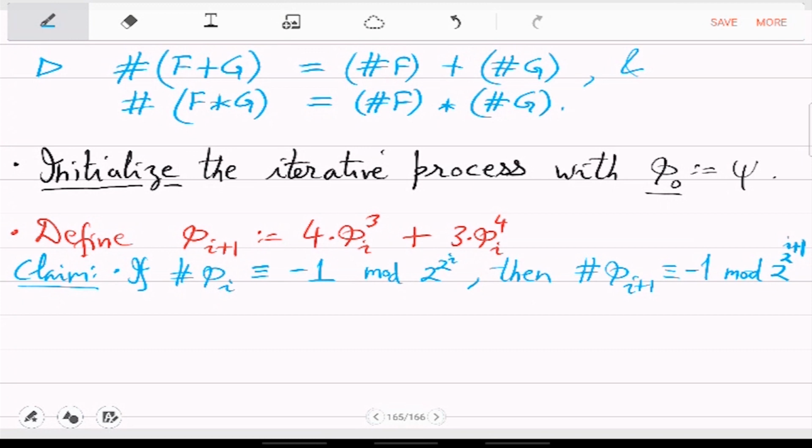And similarly, if the number of satisfying assignments to begin with is 0, then it remains 0 in the higher modulus.